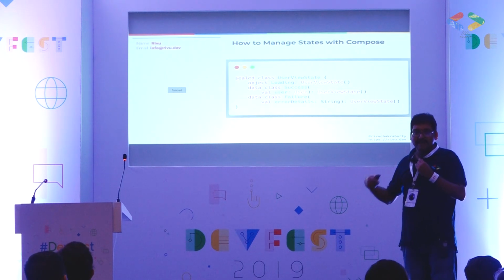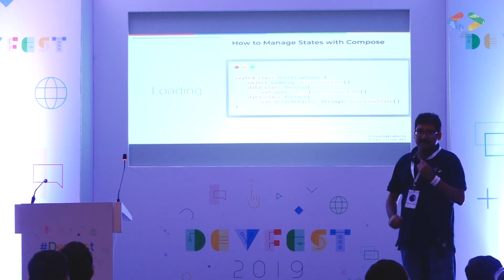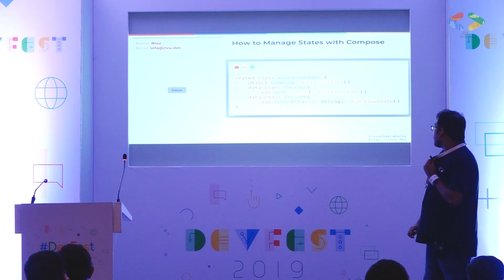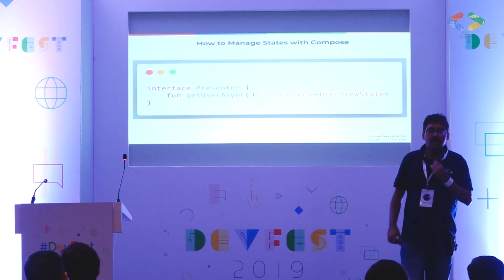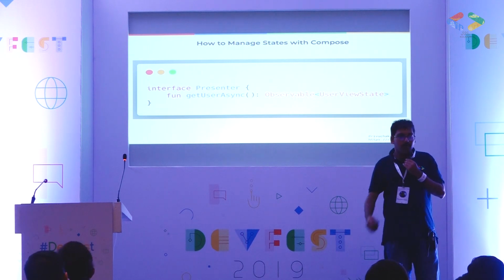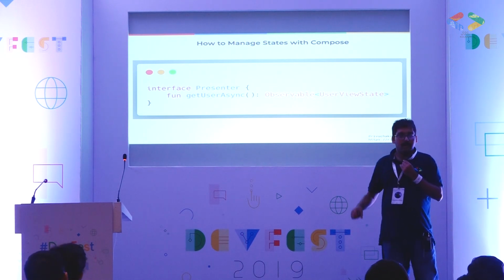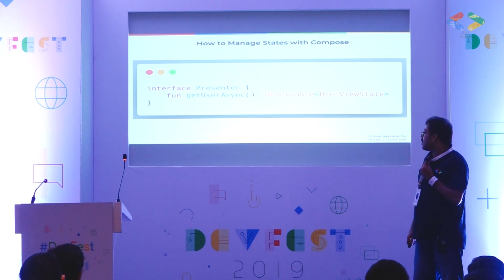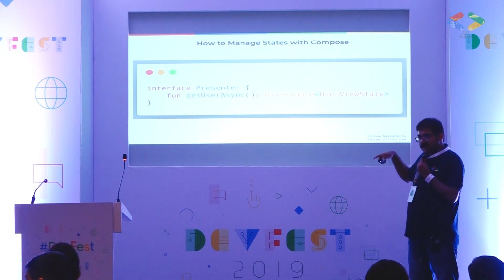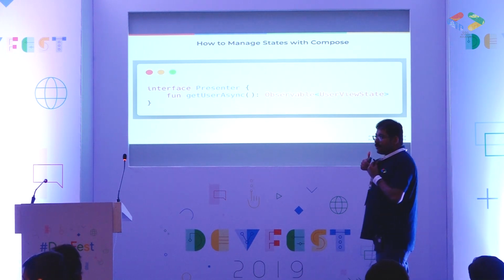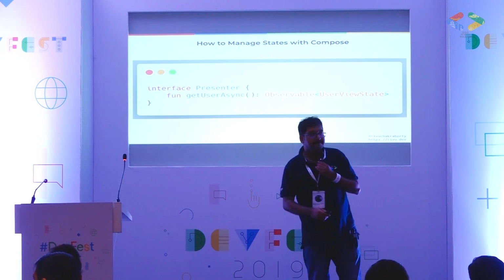It's loading and then success. Presenter. You can call it presenter or view model, whatever you want. But the main thing is the same. It will get the user asynchronously and it should update the view in a reactive way.